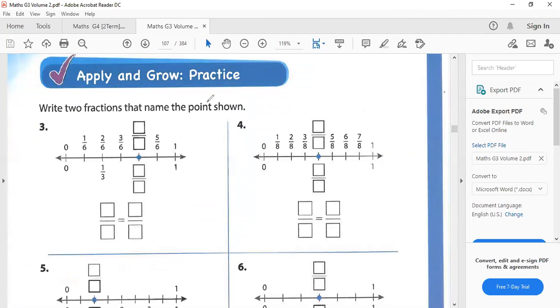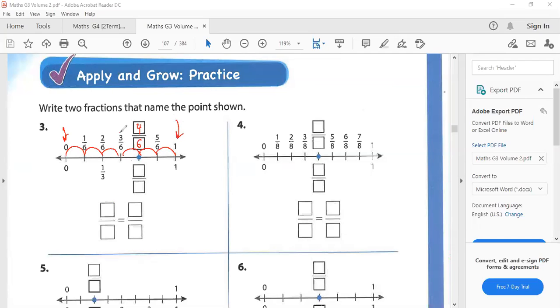We will start from 0 to reach 1. Excellent. End with 1. Now we divide the same distance up and down. Up we are dividing into how many parts? 6. Excellent. We are dividing into 6 equal parts.